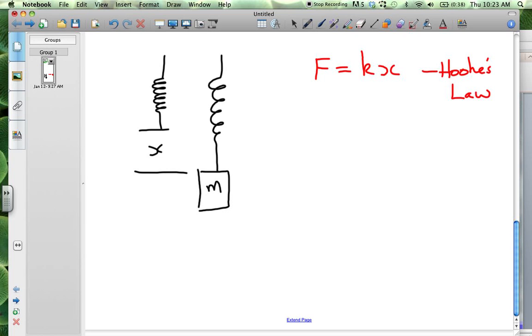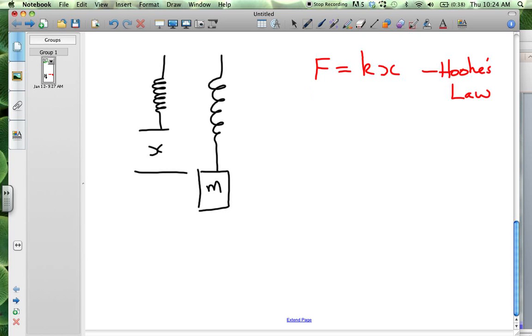Now, the force in this case is going to be mg, the weight. Sorry, scrub that out.